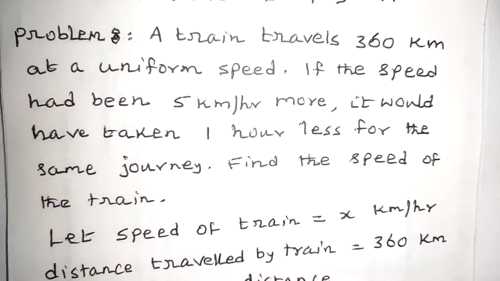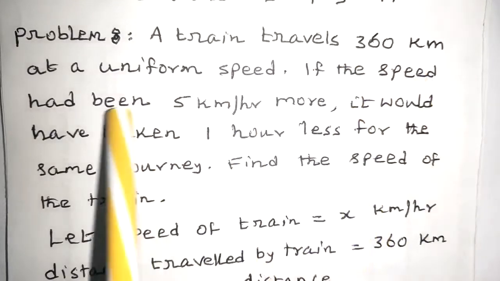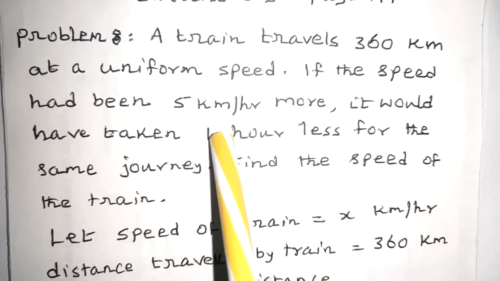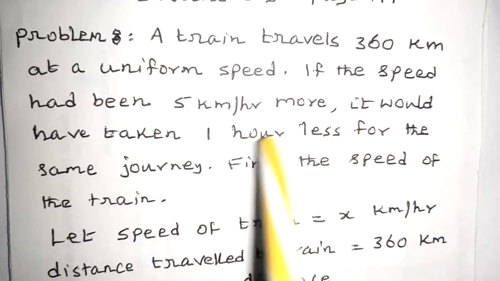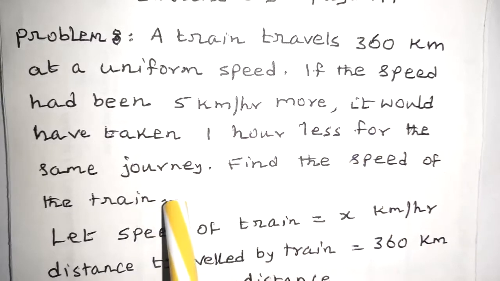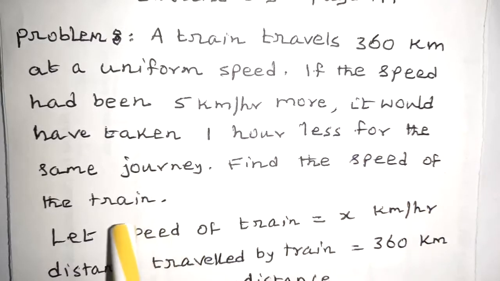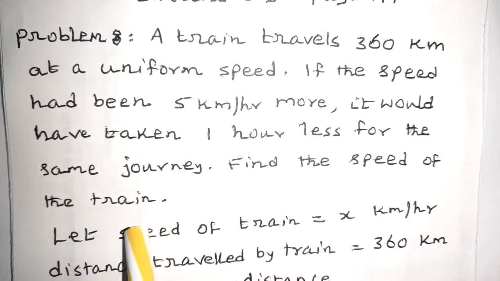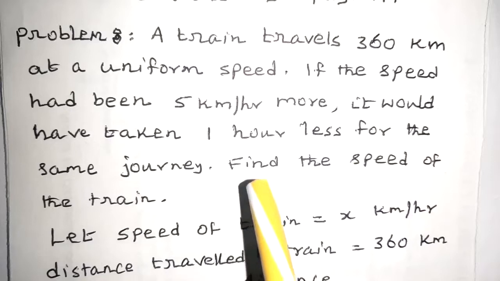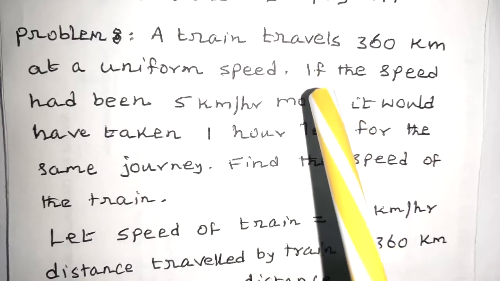A train travels 360 kilometers at a uniform speed. If the speed had been 5 kilometers per hour more, it would have taken 1 hour less for the same journey. Find the speed of the train. Now, what is the given data?